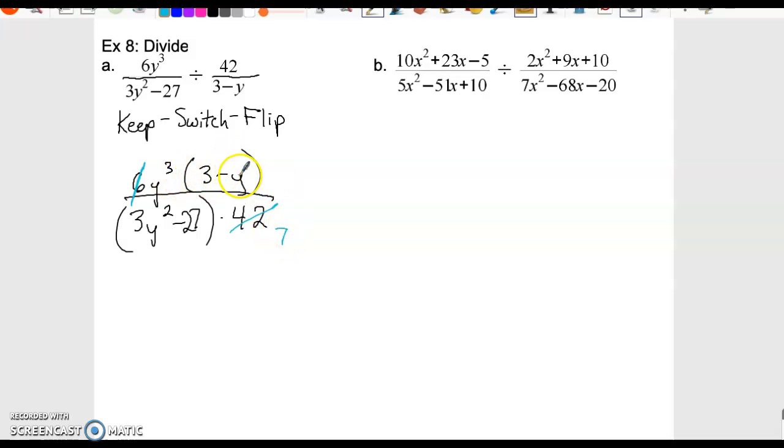And then in the numerator as well, I'd be looking at that and saying, oh, well, this y is negative and this y is positive, so I might rewrite this problem as negative y cubed, so I can make this y positive and this positive 3 negative. And then at the same time, I can factor out a 3 in the denominator, times this 7 gives me 21.